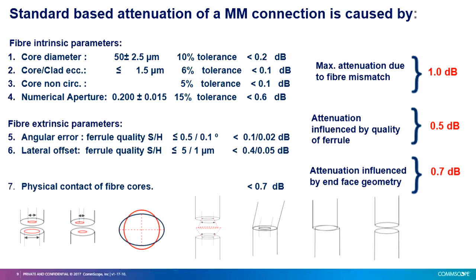But for connector loss, the mated connector should have 0.75 dB. So every manufacturer who manufactures the connector has to put a lot of effort into bringing these values as low as possible during the manufacturing process. This is what we are seeing here for the multimode connectors.